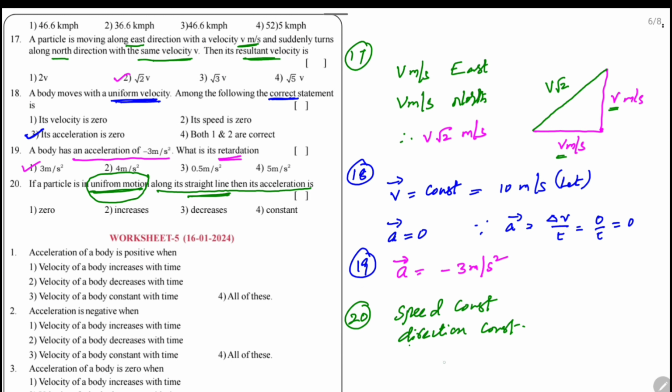Speed with direction is velocity, so here velocity is constant. When velocity is constant, what will be its acceleration? 0. Therefore, its acceleration is 0.